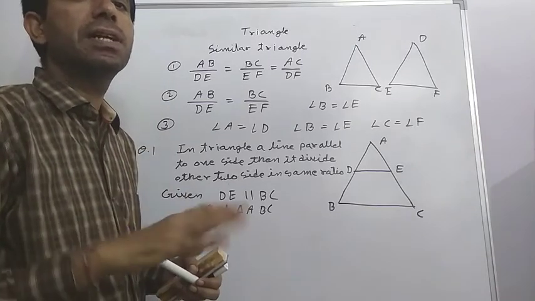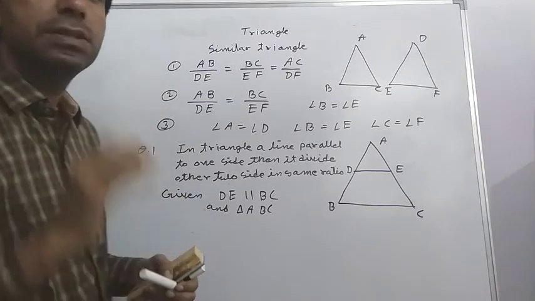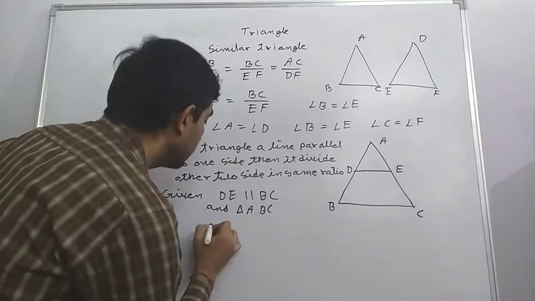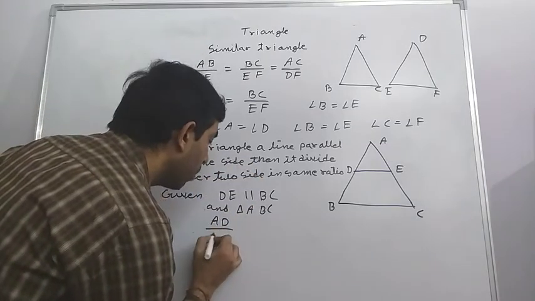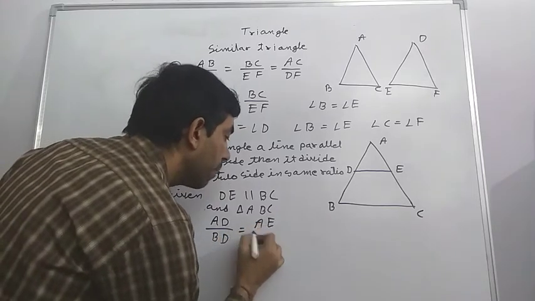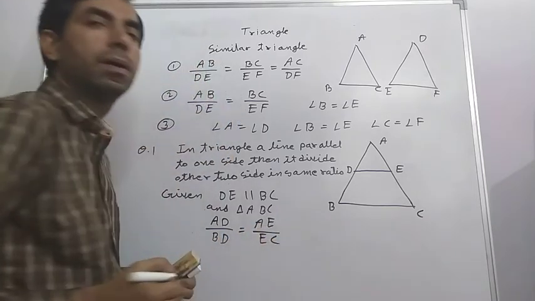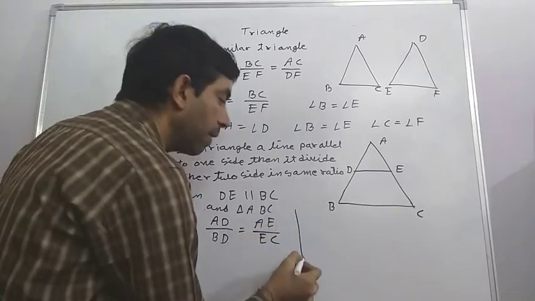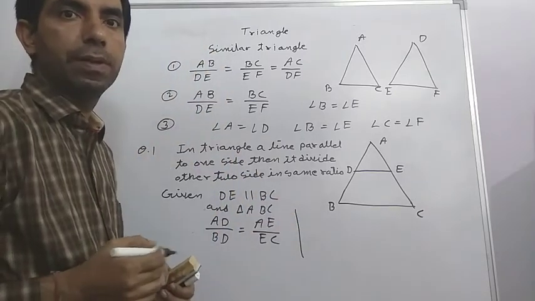Side ratio we can represent in a lot of ways. Generally, we write AD upon BD and AE upon EC. But there is another method.